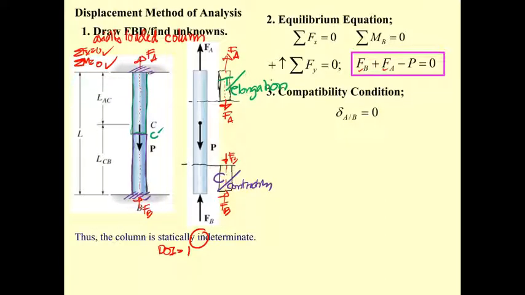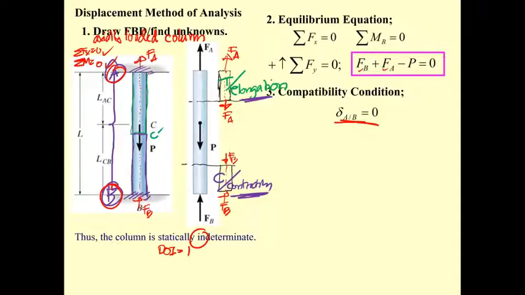And what we have is that the displacement between A and B has no change. So no matter whether the portion AC elongates or the portion CB contracts, the length between A and B has no change. So we can write it like this.